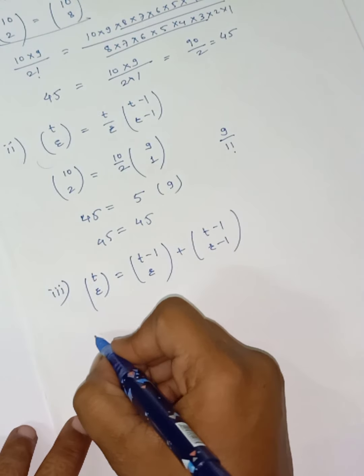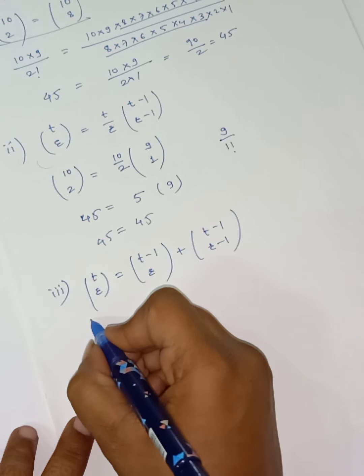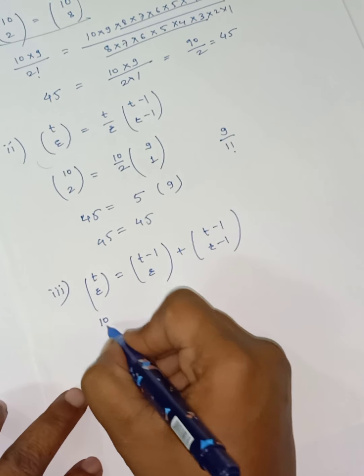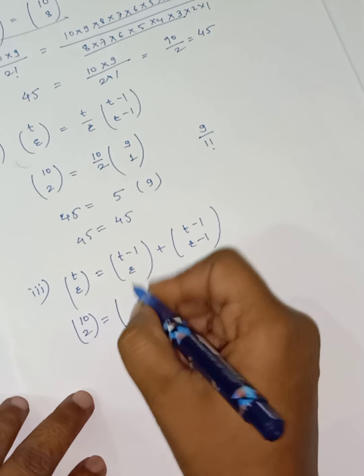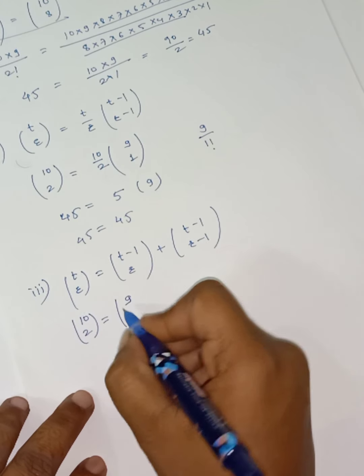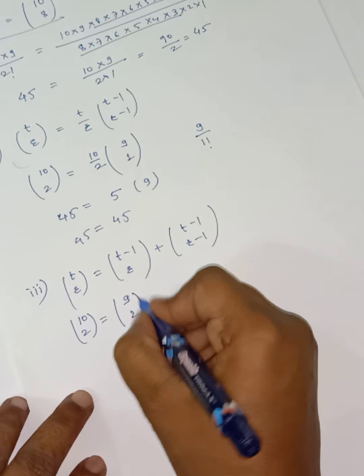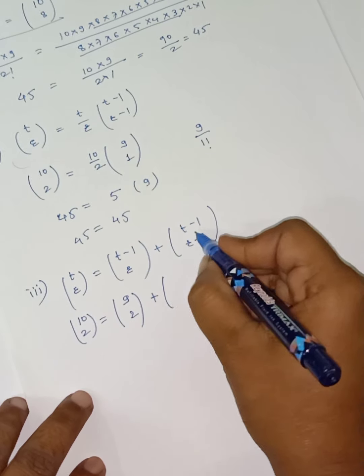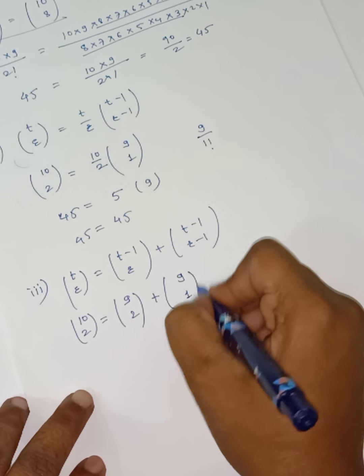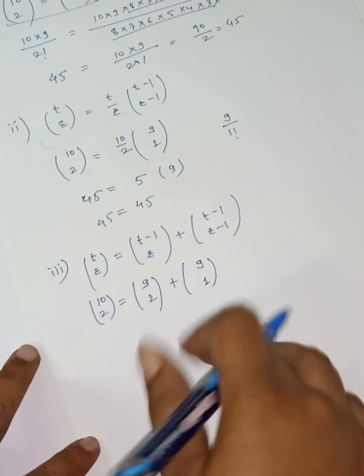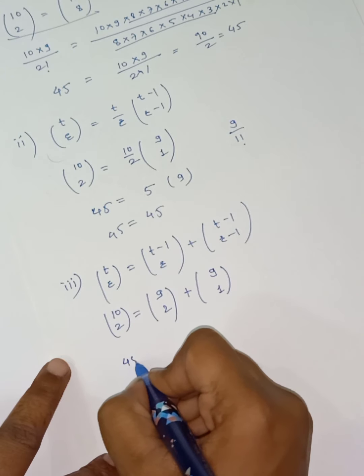So now we'll consider the same 10C2, then 10 minus 1, that is 9, and 2 plus the same here, 9 and R minus 1, that is 1. So 10C2 is 45.